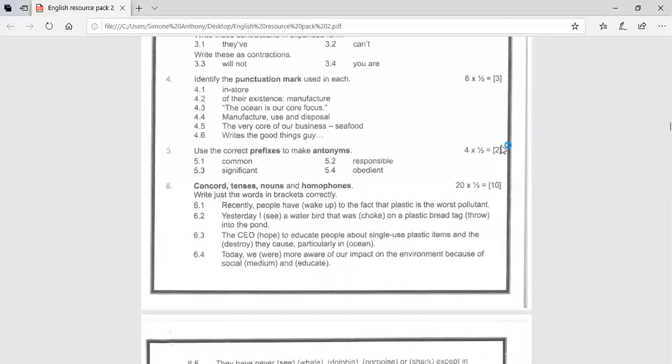So it would be, the CEO hoped to educate people about single-use plastic items and the destruction they cause, particularly in oceans.